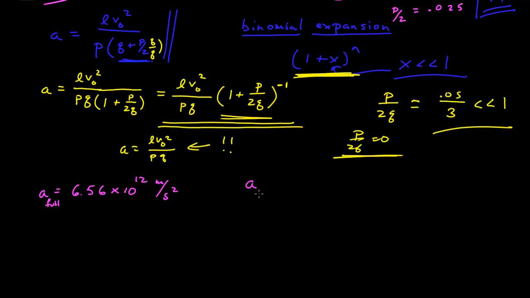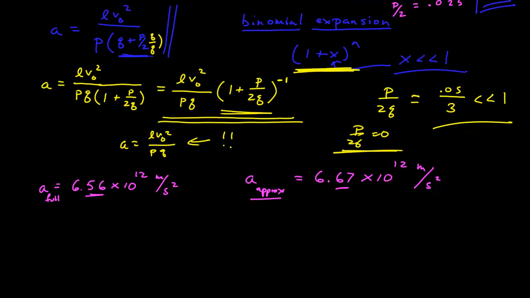And you'll recall the approximate answer that I got last time was 6.67 times 10 to the 12 meters per second squared. And so that approximation is not good to two significant figures. It was good to one, but not two. It got the answer wrong in the second significant figure.